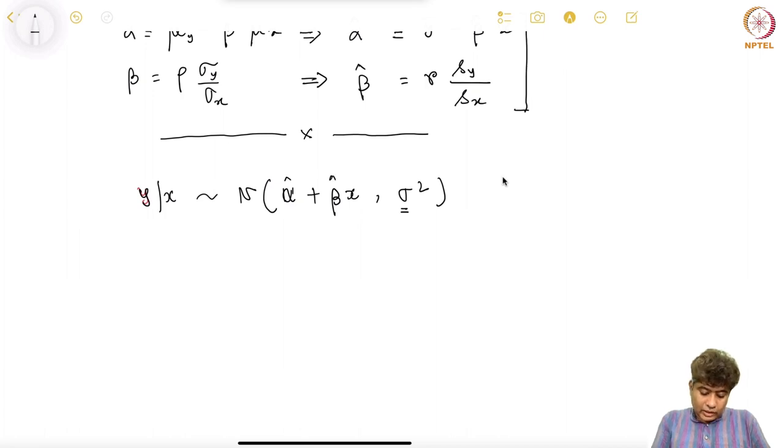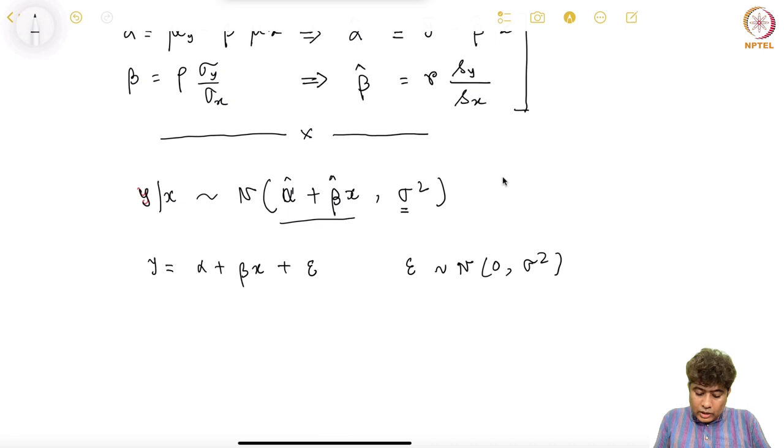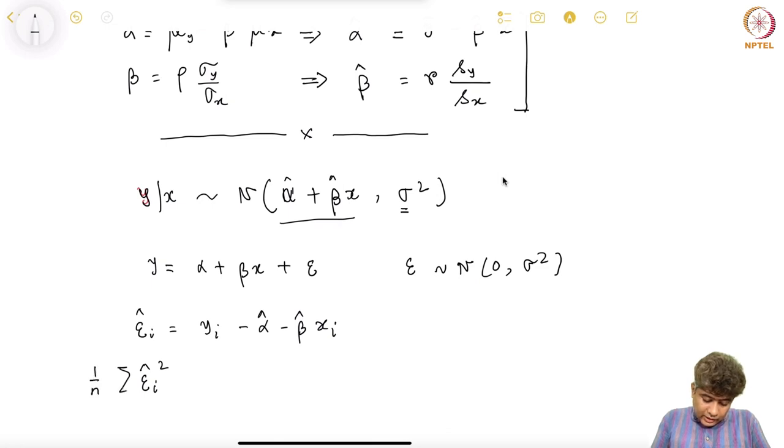So we can think of this model as y equal to alpha plus beta x plus epsilon, where epsilon follows normal 0 sigma square, and then automatically y follows normal alpha plus beta x and sigma square. So we can calculate epsilon i hat as yi minus alpha hat minus beta hat xi, then square these and take the residual sum of squares, and this could be sigma hat square.